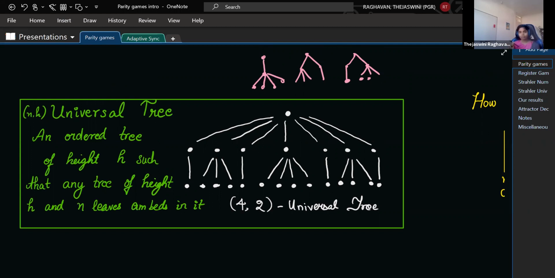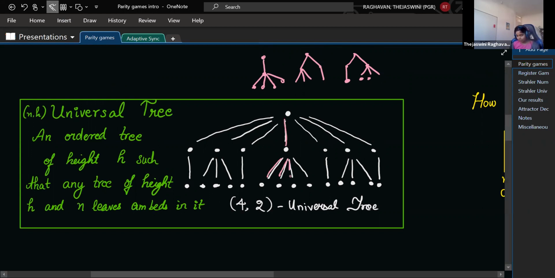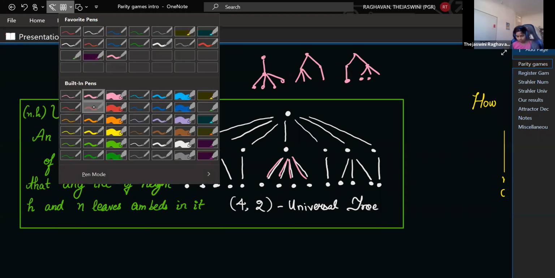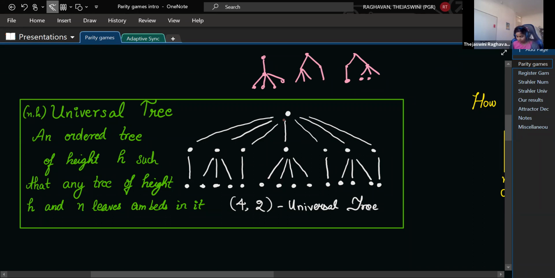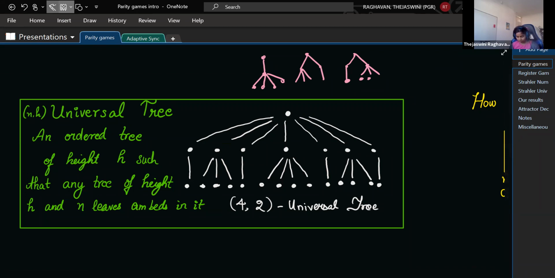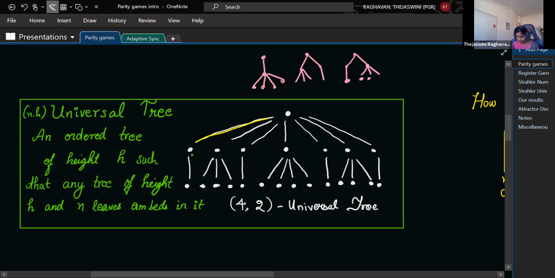So above are some examples in pink, and you can try to fit each of these trees over here. The first one fits like this nicely, and the next one fits here, and the next one fits here, and so on.